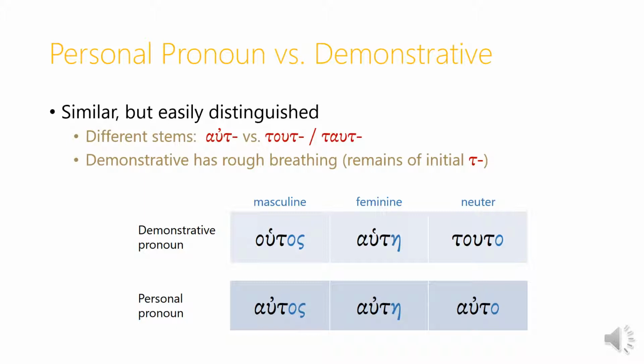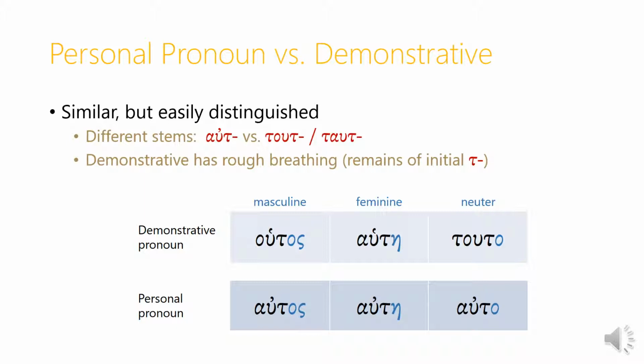The demonstrative pronoun stem for the near demonstrative pronoun is tout or taut. Aut means him, her, it. Tout or taut means this. And if you think about the extra letter on the front, reminding us that there's an extra force to the demonstrative pronoun, that might help you a little bit.